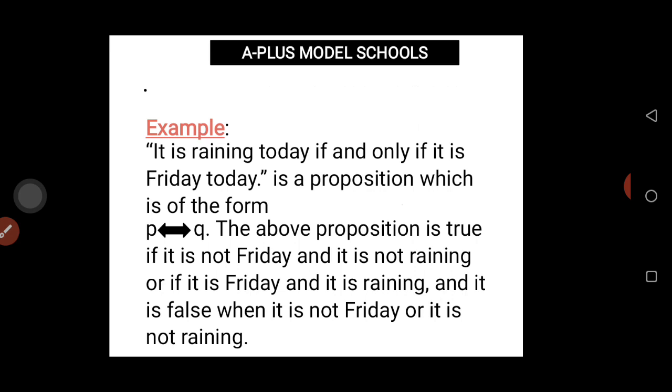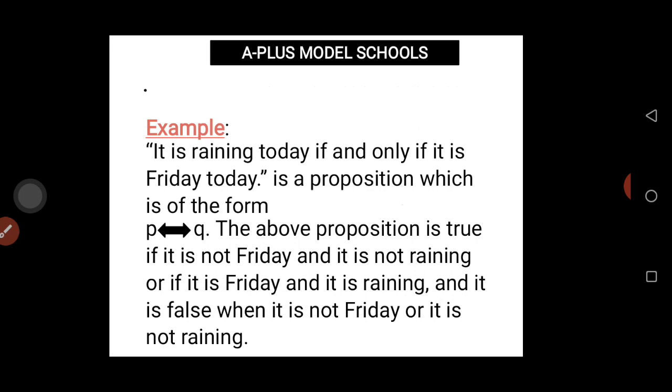And it is false when it is not Friday or it is not raining. So under a biconditional statement, both P and Q must have the same value.